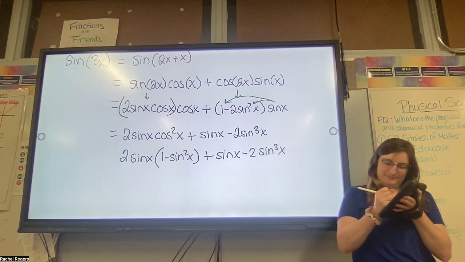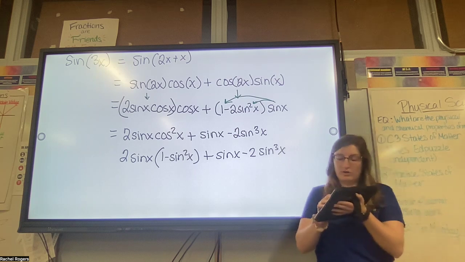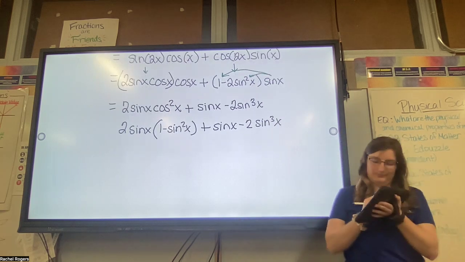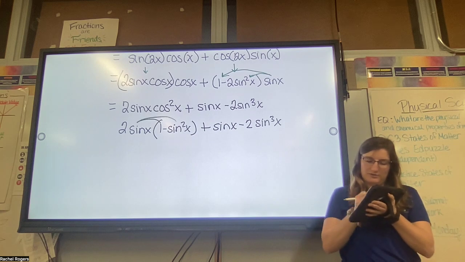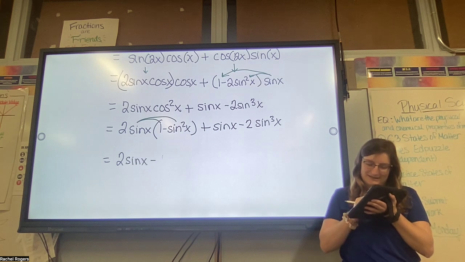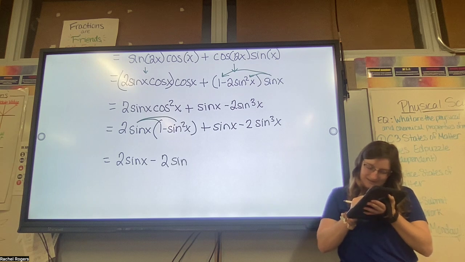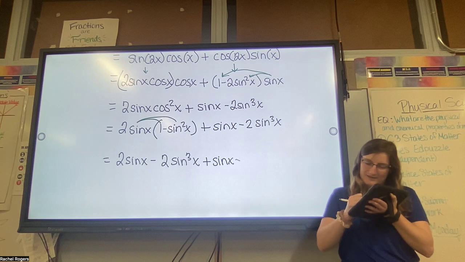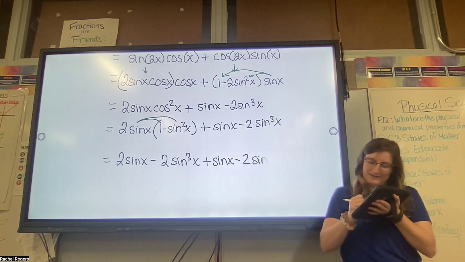Can we use a u for that guy? No, because we're going to distribute it out. And now we're going to distribute this guy: 2 sine of x minus 2 sine cubed of x plus sine of x minus 2 sine cubed of x.